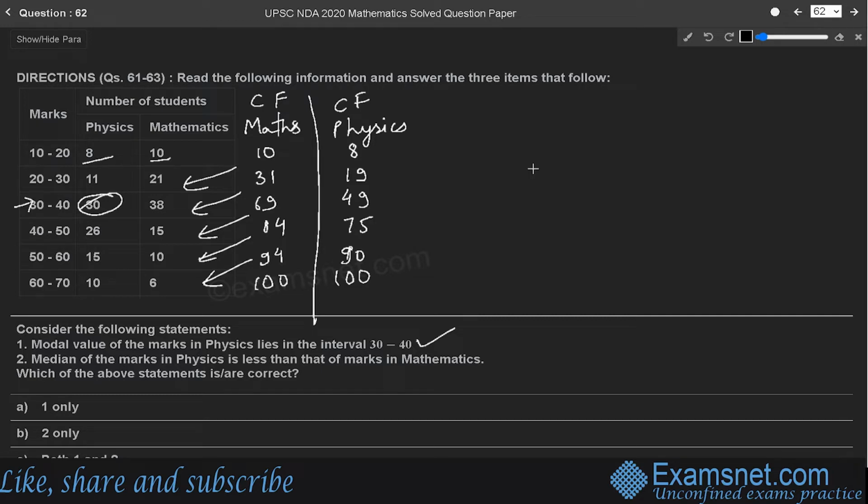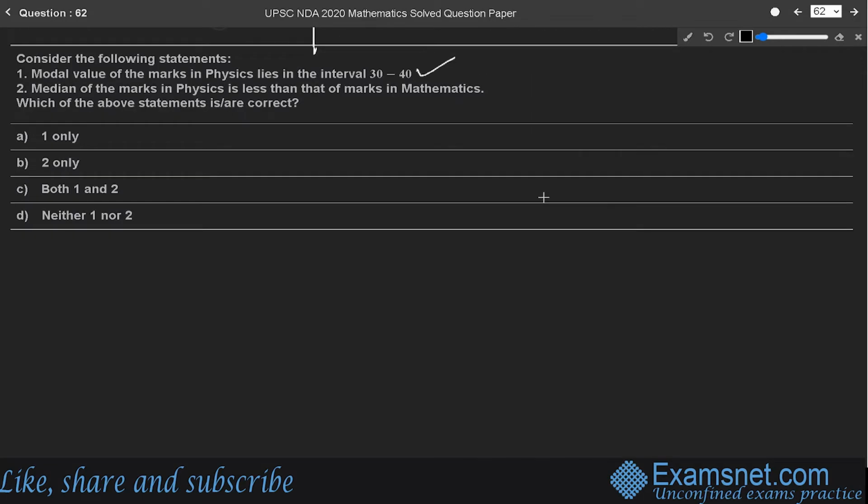Now we have to find the median. So let us find the median. We know that median is denoted by the n by 2th term. So here the n by 2th term will be 100 by 2, which is the 50th term.